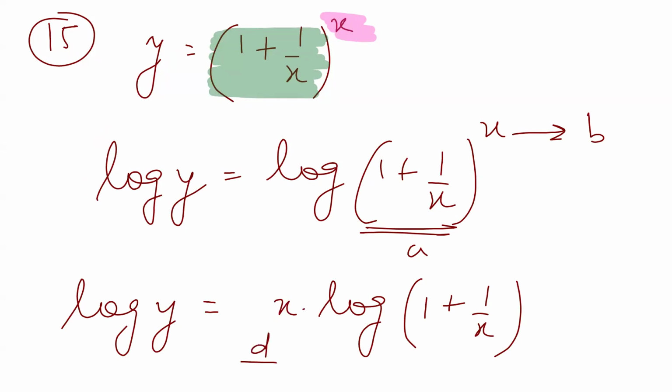Now we'll apply the derivative. Left hand side, you already know. Derivative of log y is 1 upon y dy by dx. Right hand side, we are going to apply the u into v rule.